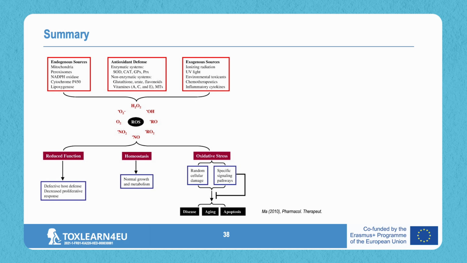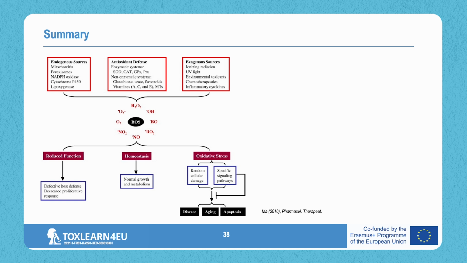And the ROS are derived from endogenous sources on one hand side by normal activities of our organelles, but also from exogenous sources like, for instance, these abiotic stress factors. And this redox balance will really determine the outcome of it being a homeostasis, so we need the redox balance to have the normal growth and metabolism ongoing.